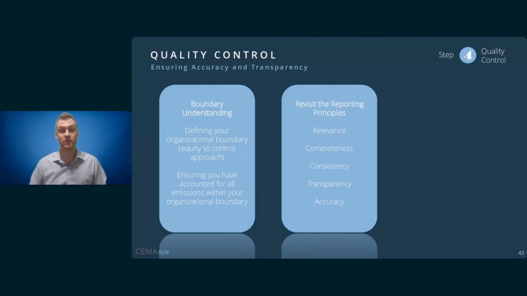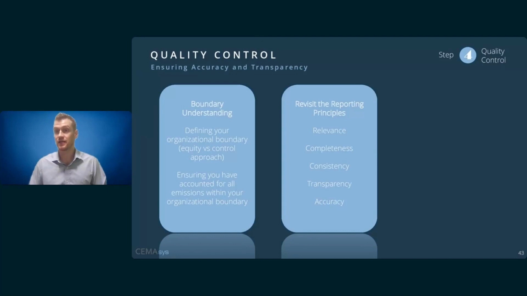Next, we have the reporting principles from the greenhouse gas protocol, which include relevance, meaning that all relevant emissions are included. Next, completeness. As we've stated, we should always be striving for that complete carbon accounting, but in the meantime, all omissions should be explained.